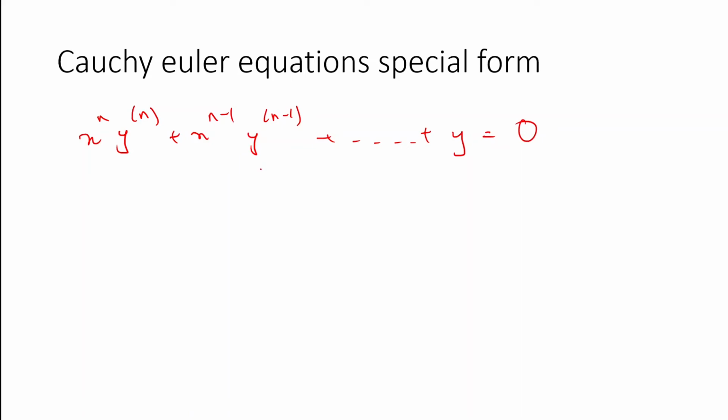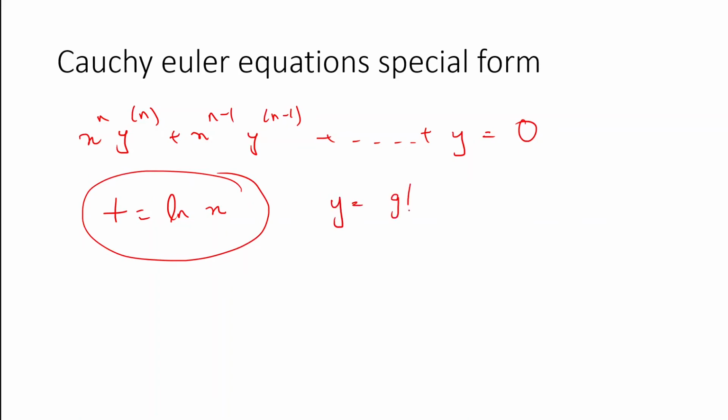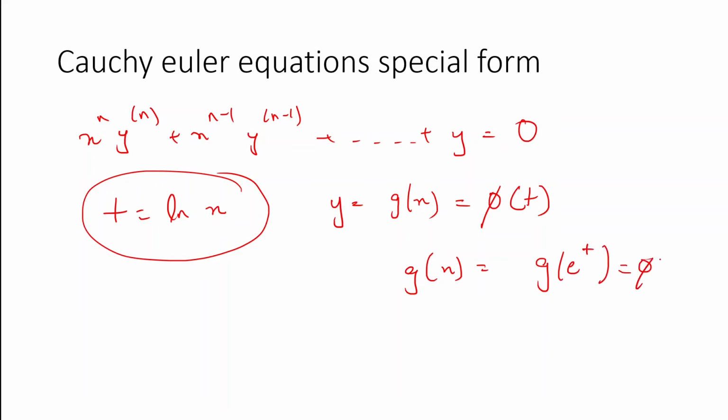We perform a substitution. The first assumption which we make is t equal to ln x. Then y is equal to some g of x, and it must be equal to some phi of t, because g of x is equal to g of e to the power t, which is equal to phi of t.